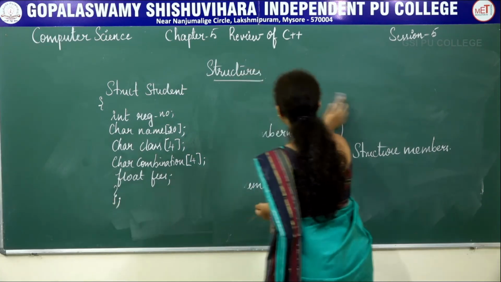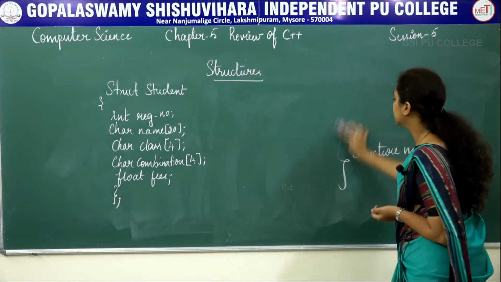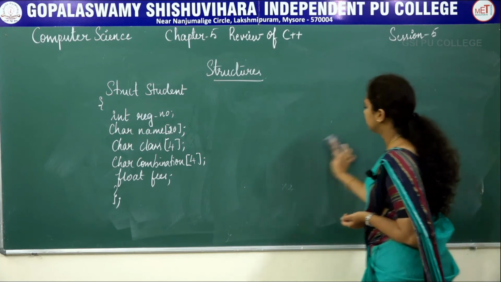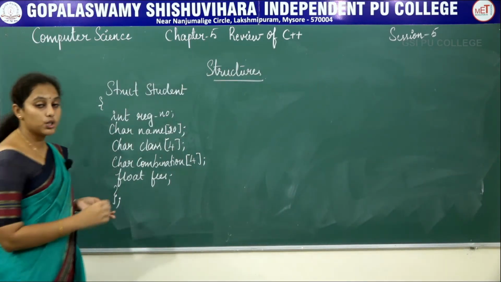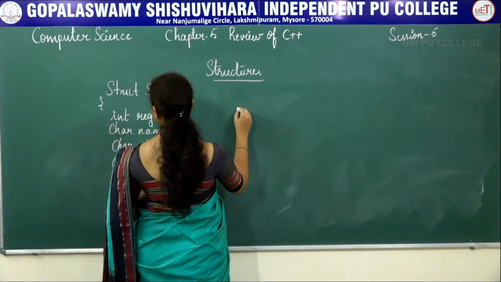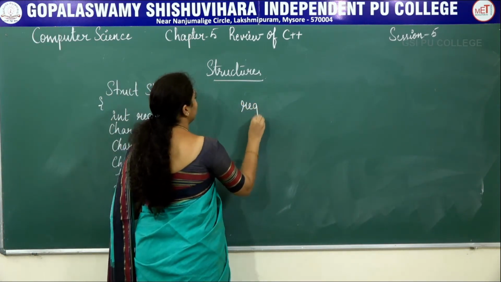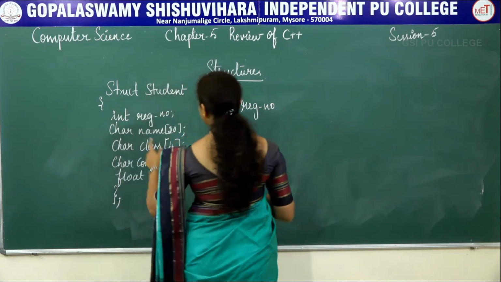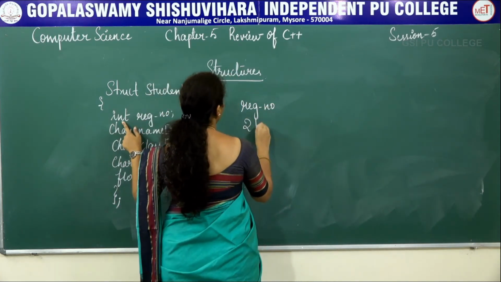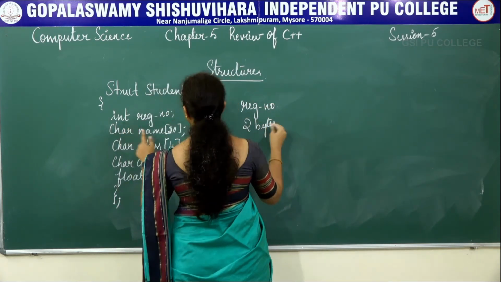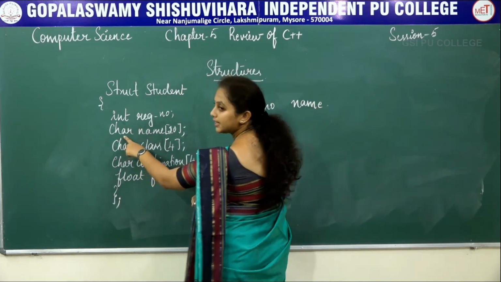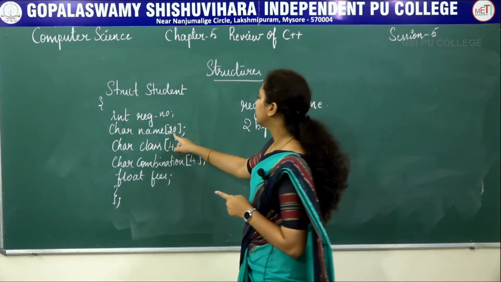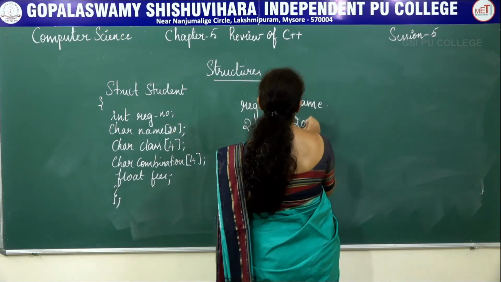How will the memory location of the structure be? The integer register number is 2 bytes. Name: the size of char is 1, so 1 into 20 is 20 bytes.